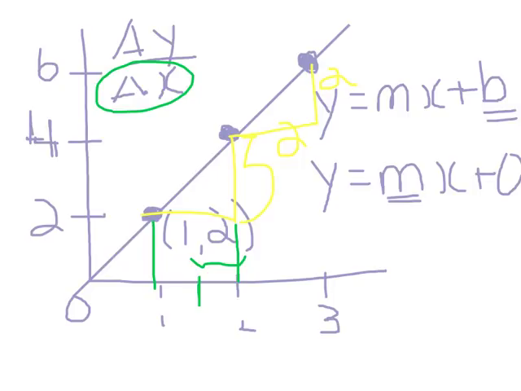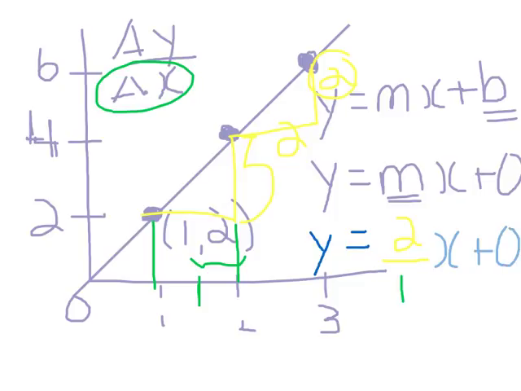So if I go back to my initial equation and I want to write in slope, then I can write in y is equal to my change in y, which was 2, over my change in x, which was 1. And then don't forget your x plus 0.